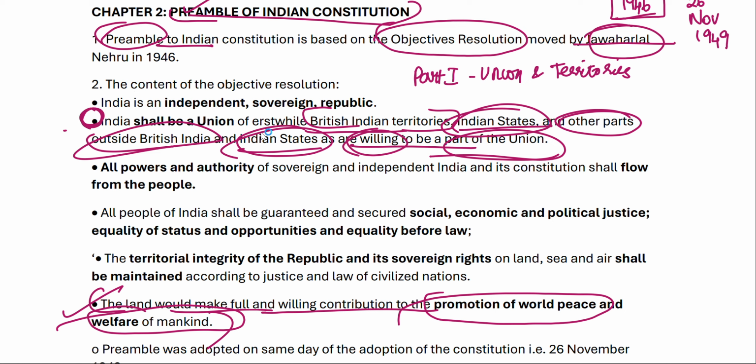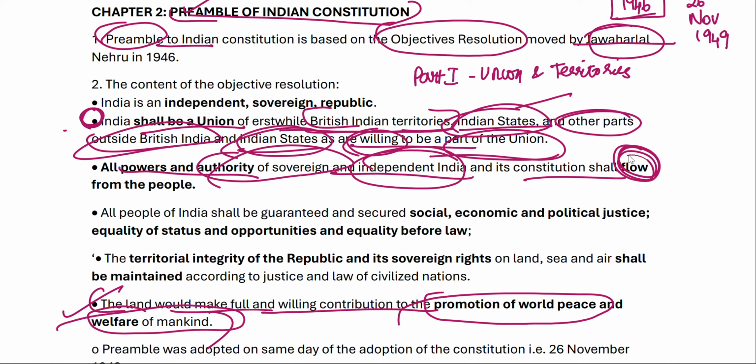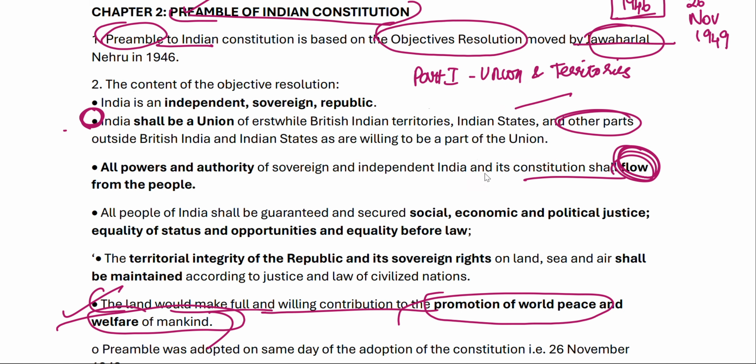All the powers and authority of the sovereign and independent state and its constitution, the powers are with the people of India. This is what is also mentioned in the Preamble.